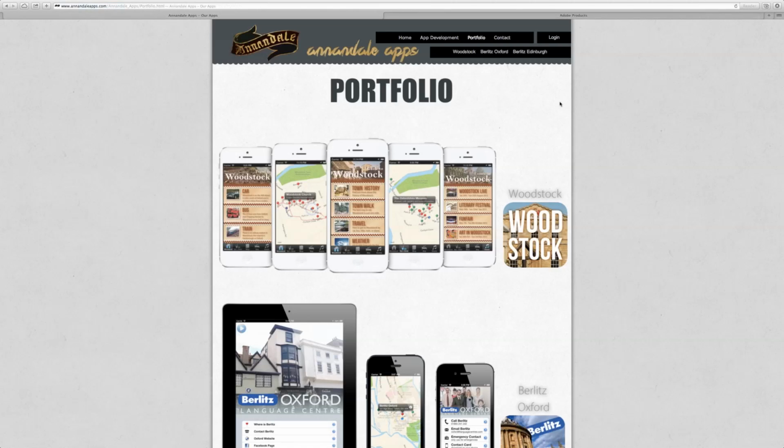A new question here. What are your future plans? Right. Okay. It depends what you mean by future plans. Within apps, I hope to extend Woodstock, the one that I've got, and go to other towns that haven't got apps and make apps for them.